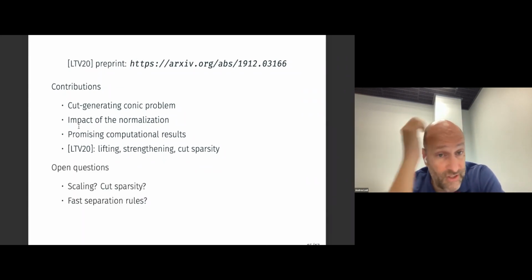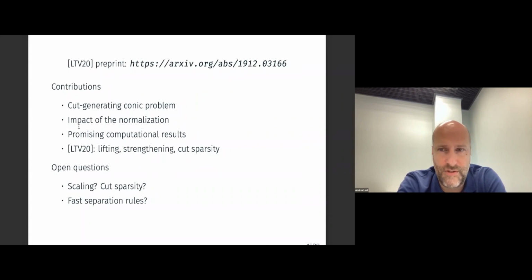And of course, there are a bunch of other open questions. Some of them have been looked at by Mathieu himself since he joined Georgia Tech. He is looking at, for example, facial reduction in order to avoid even solving the conic problem, but actually projecting it into a linear context by doing facial reduction.